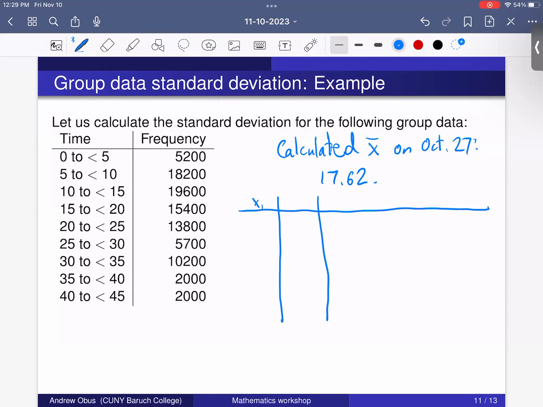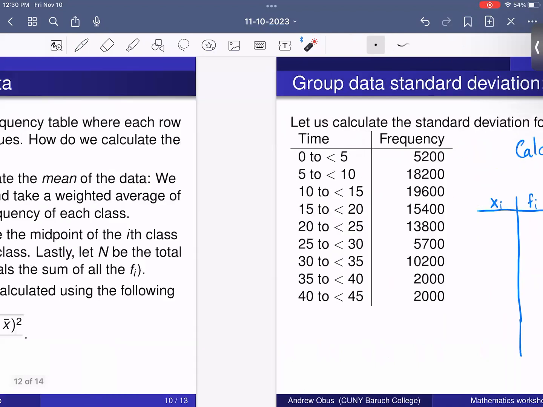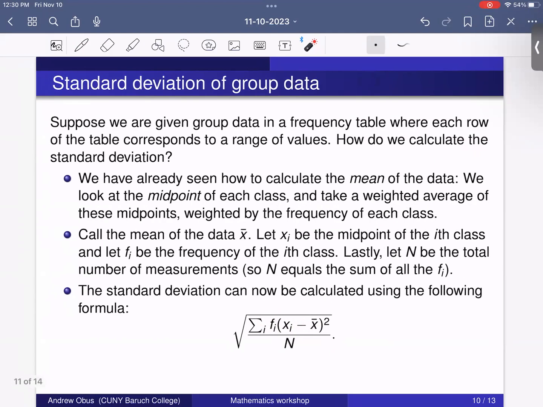It'll have its midpoint and its frequency. And then over here in this column of the table, we'll have the frequency times xi minus x bar squared. These are going to be the three parts of the table that we really need, because this fi times xi minus x bar squared is what gets fed into this sum.